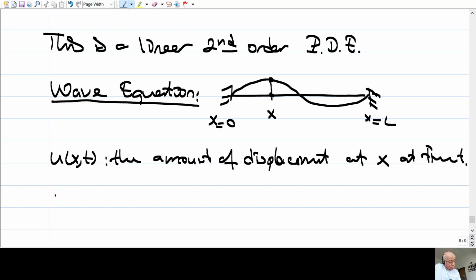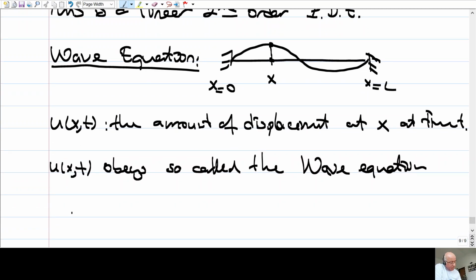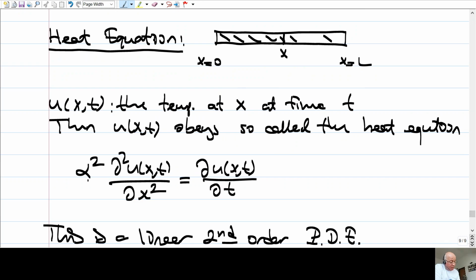Then u(x,t) obeys the so-called wave equation. And what is that? Some constant again. Here also we have some constant. This constant is called the diffusivity constant.